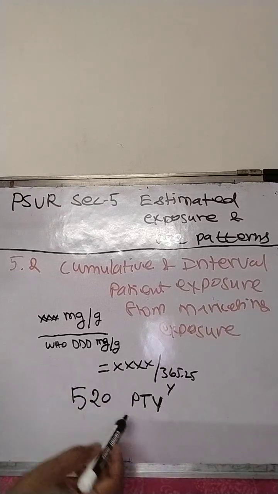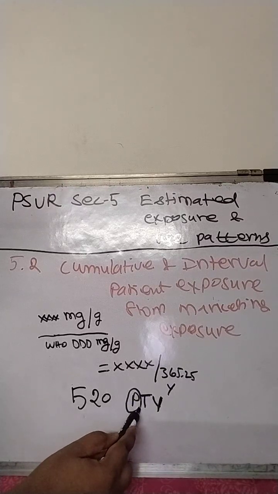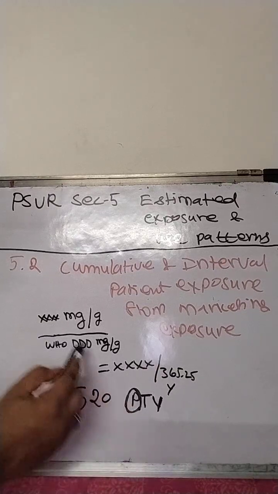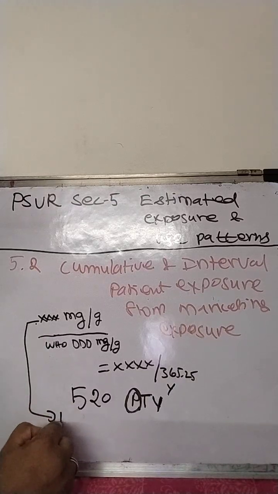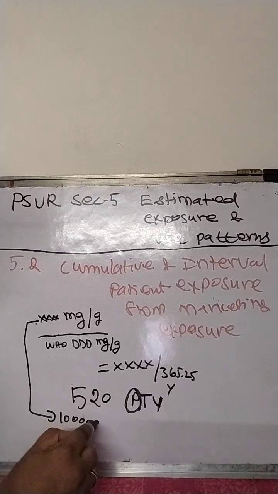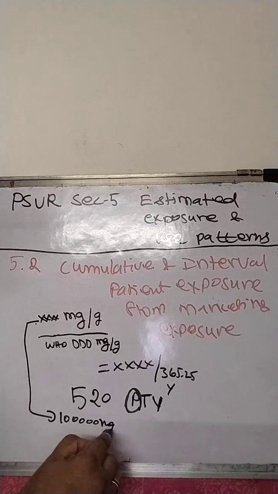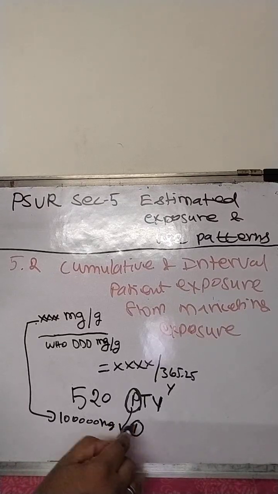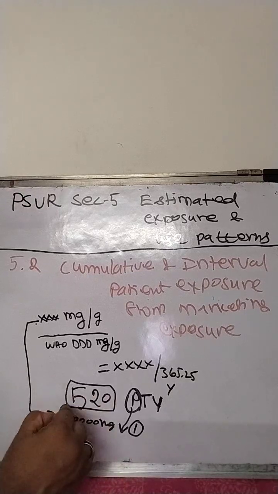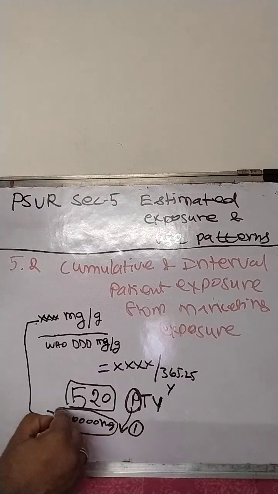It means that if you have, say, 1 lakh milligram, and you are going to treat one particular patient, it will take 520 years to consume this entire 1 lakh milligram.